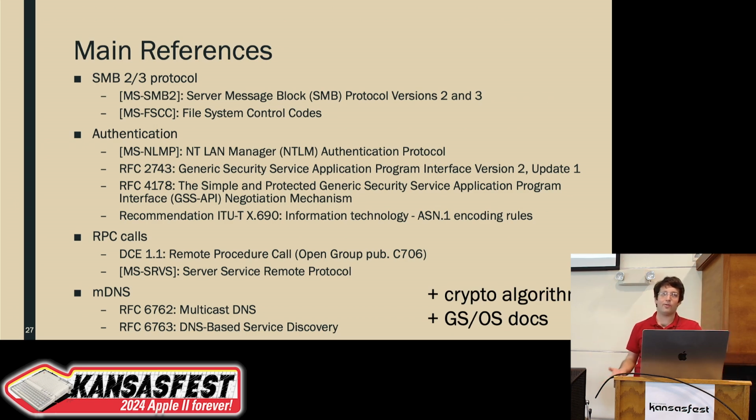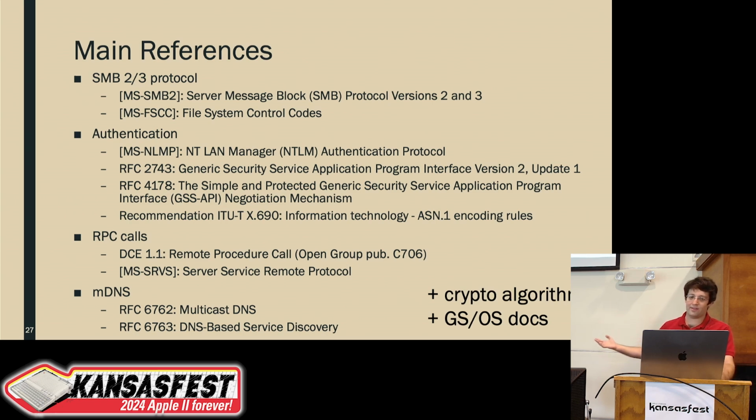So you have references for the core SMB 2 and 3 protocol. Then you have references for authentication using NTLMv2, and the encapsulations and data encodings that get used by that. Then the RPC calls that we use for listing the shares. There's a whole specification of how RPC works and its data encodings, and the RPC calls specifically for an SMB server.